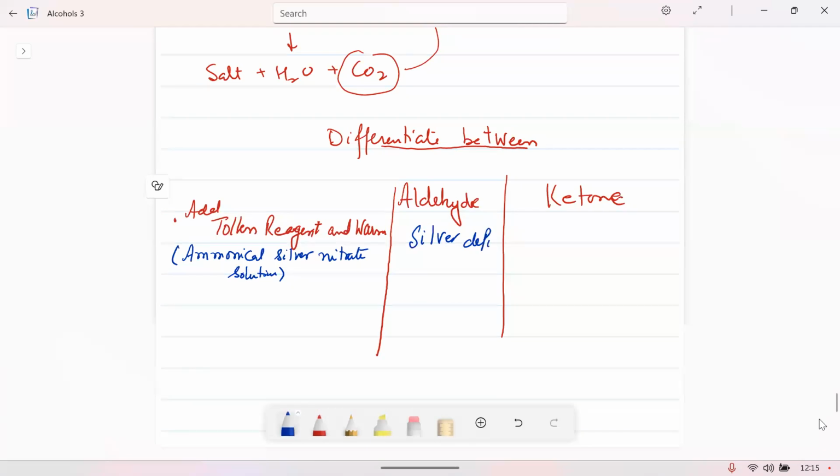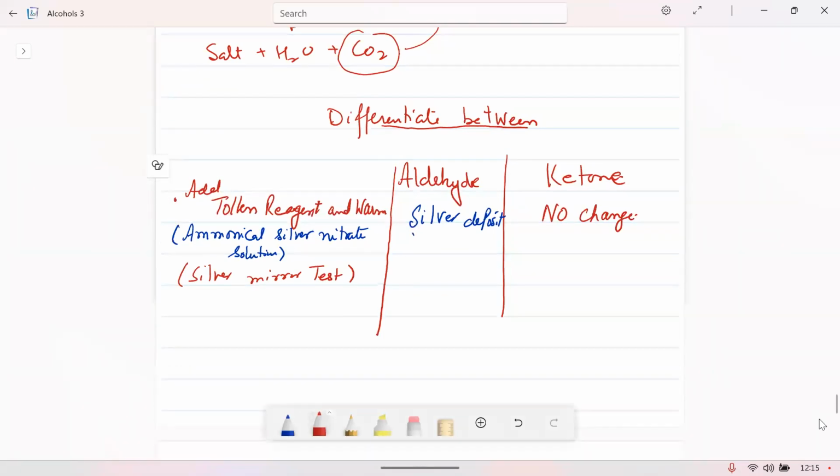This is also called the silver mirror test. That is why we call it a silver mirror test. So in the test tube, there will be deposits of silver, so it will be shiny. Over here, there is no change.